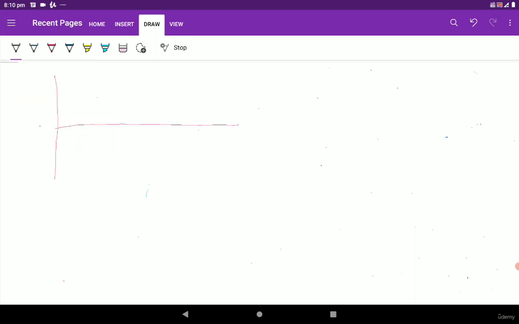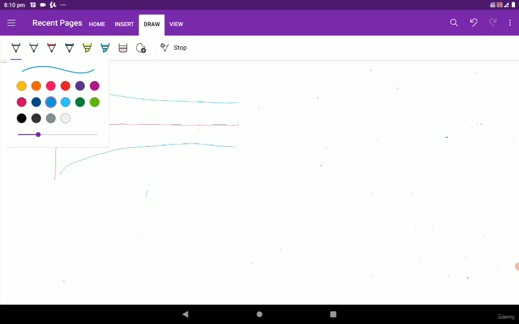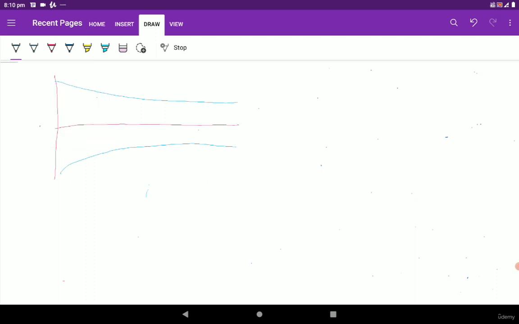So here you can see this is the envelope, and this is the varying amplitude.